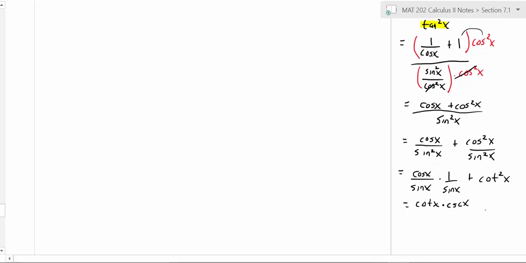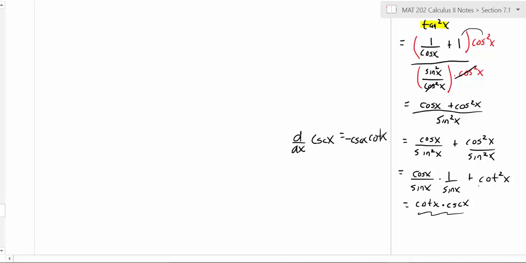Okay, like this. And one thing that you'll notice, if you think about your derivative rules, is a couple of things. We know the derivative of the cosecant is negative cosecant x cotangent x. So that means that's going to be a real easy thing to integrate.